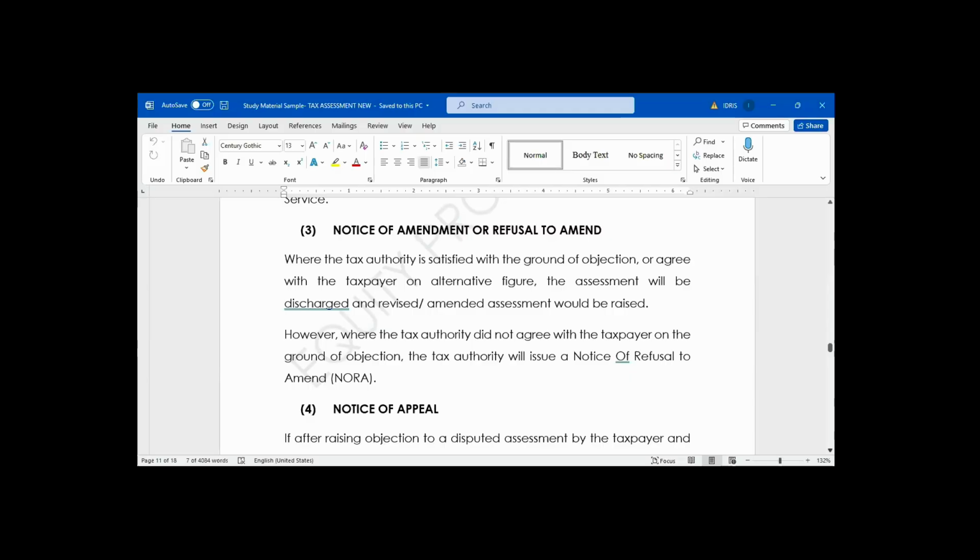Number 4 step, number 4 assessment procedure is notice of appeal. Notice of what? Appeal. This notice of appeal is written by who? Taxpayer. And it must be written within 30 days of receiving either notice of amendment or notice of refusal to amend.